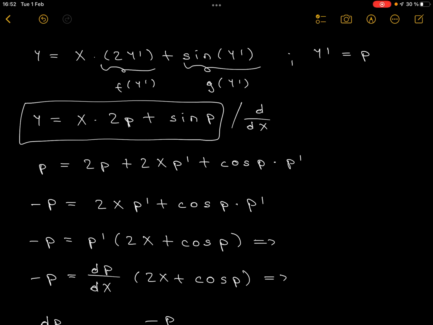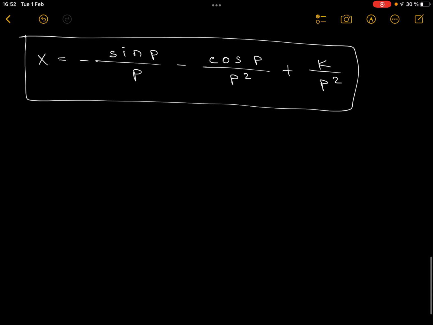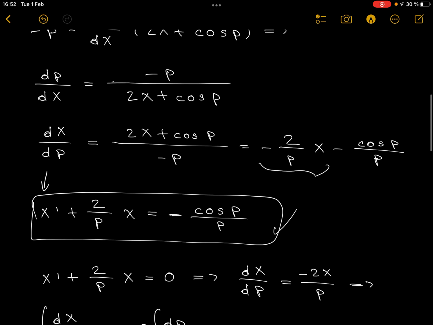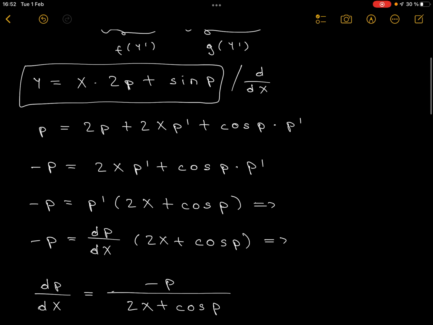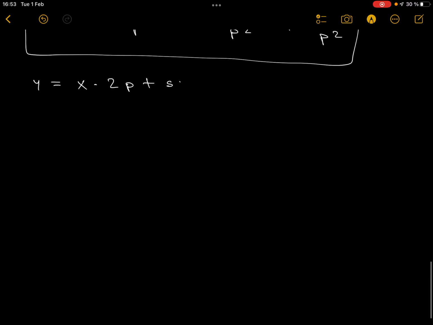So y is equal to x times 2p plus sine p.